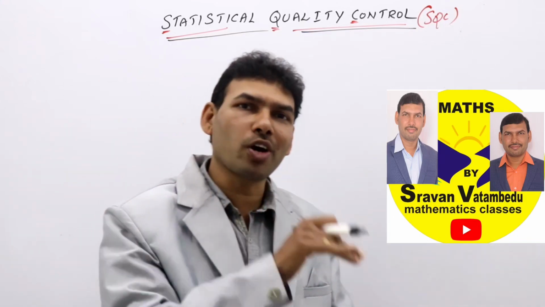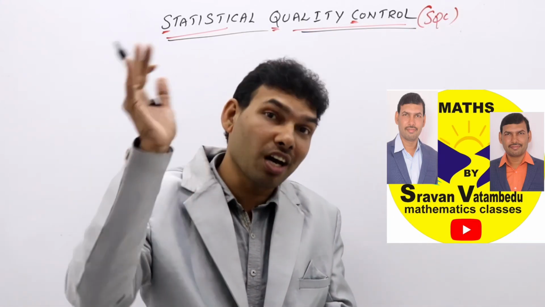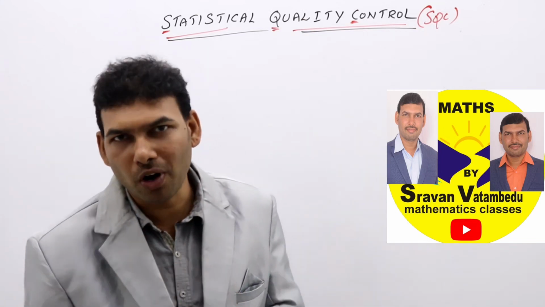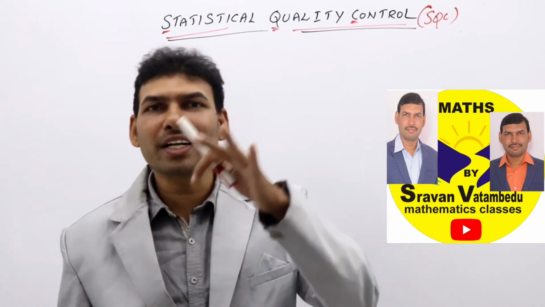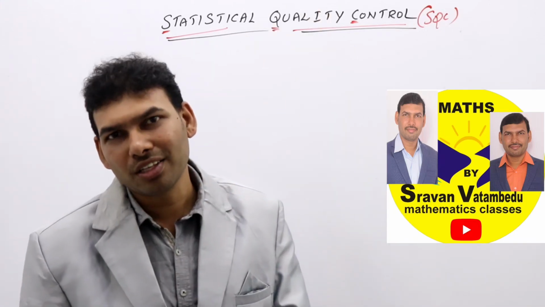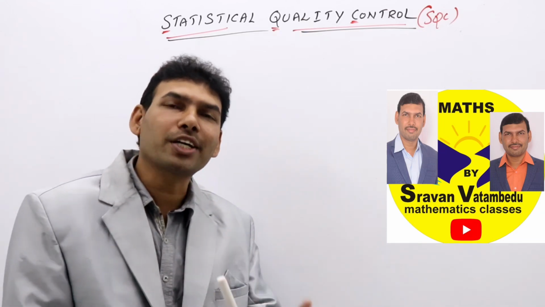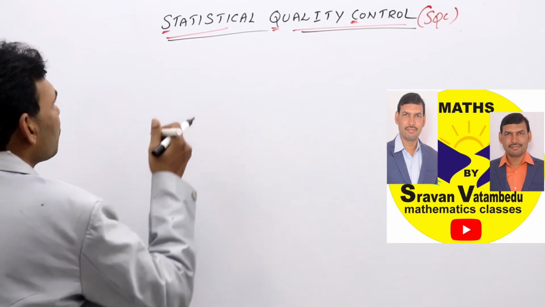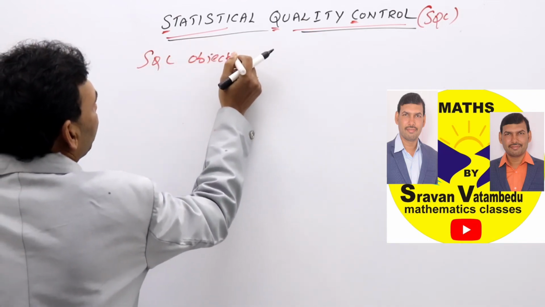After manufacturing the product, by taking some samples of manufactured products and inspecting whether that product is up to the standard or not, we are going to check in SQC. The main objective of SQC.